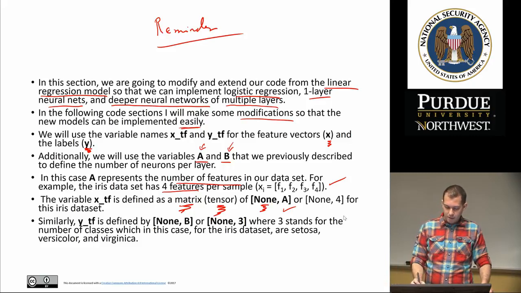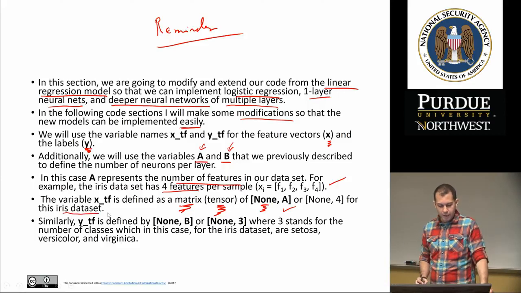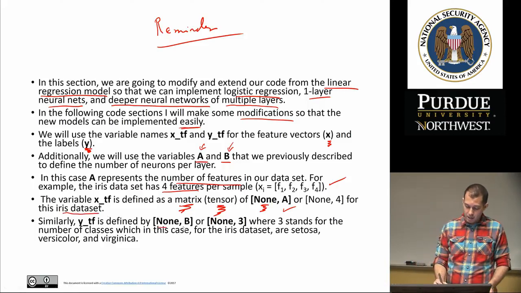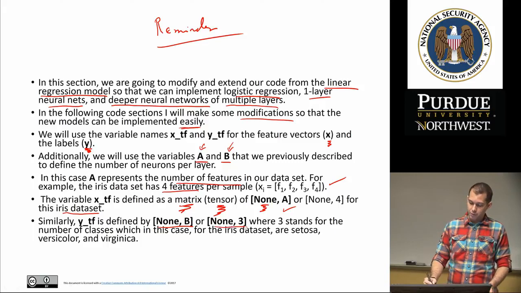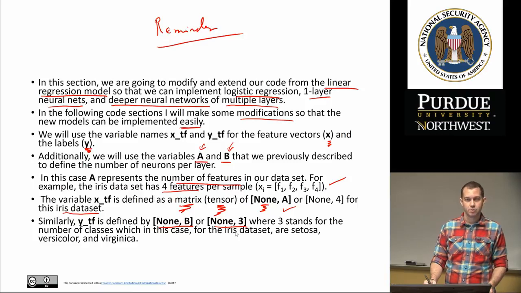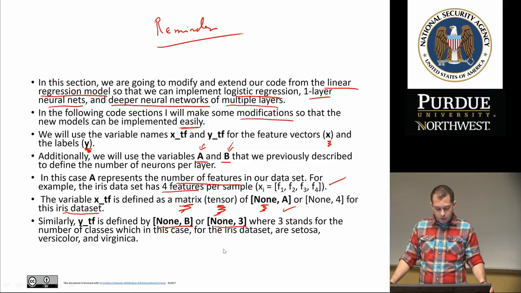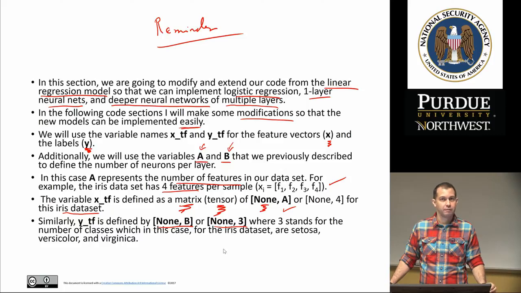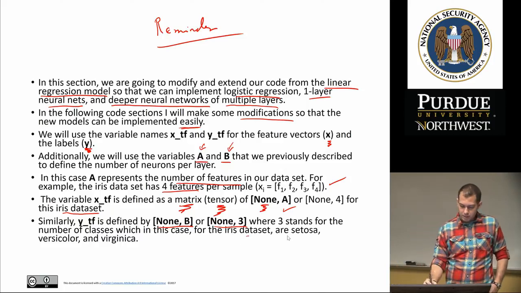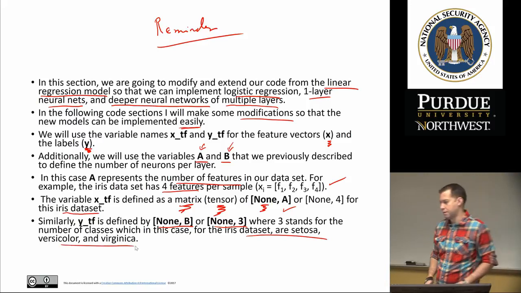So you have that there, in this case for the iris data set. Similarly, ytf is defined as none, b, or none, 3. If you remember, the 3 here is the number of classes for the iris data set, Setosa, Virginica, Versicolor, and none again indicates that it allows n number of samples to be added, which can be variable. So you can see the classes there.